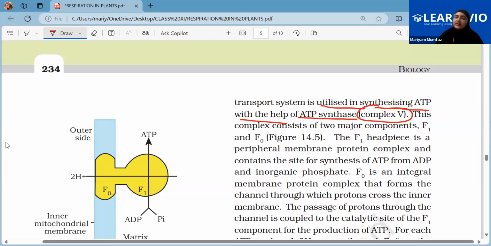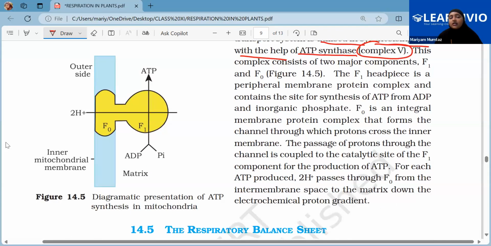This complex consists of two major components, F1 and F0. Whenever the protons from the lumen, wherever the proton gradient is higher, pass from F0 to F1, it is coupled to the synthesis of ATP.